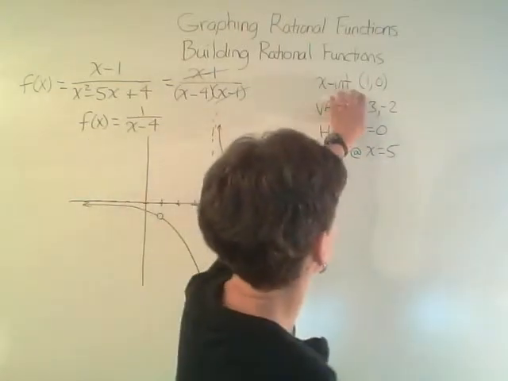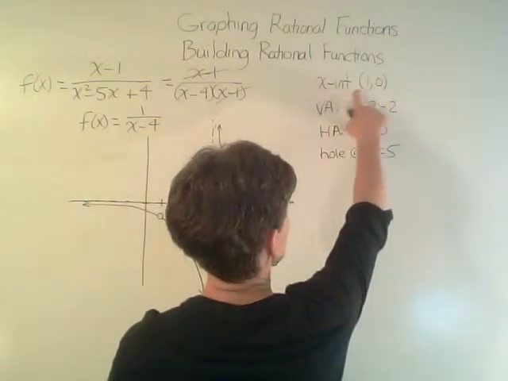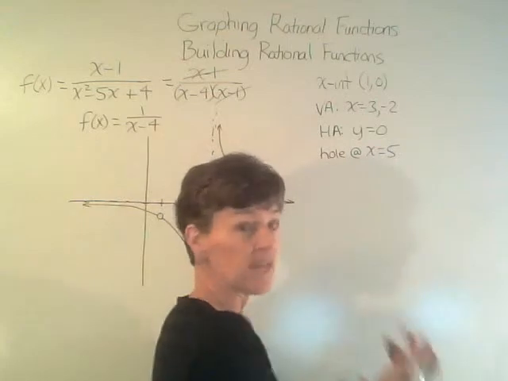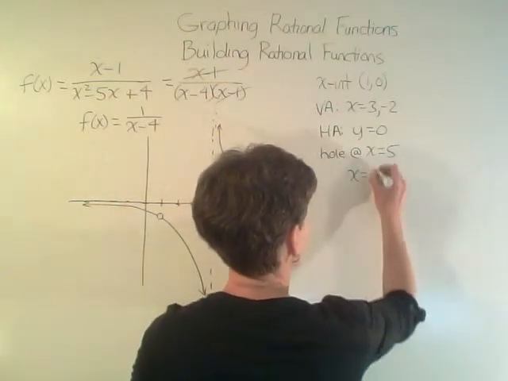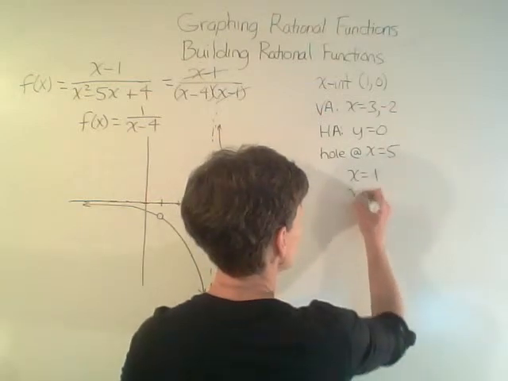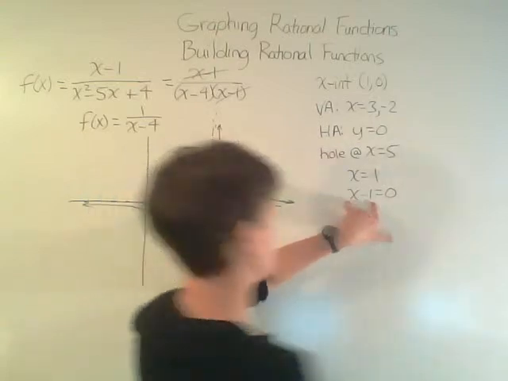Well, we know that we get the x-intercept from the numerator, only from the numerator. So when I set the numerator equal to 0, I get that x equals 1. And if I go backward from x equals 1, then I have x minus 1 equals 0. So this has to be one of my factors in my numerator.